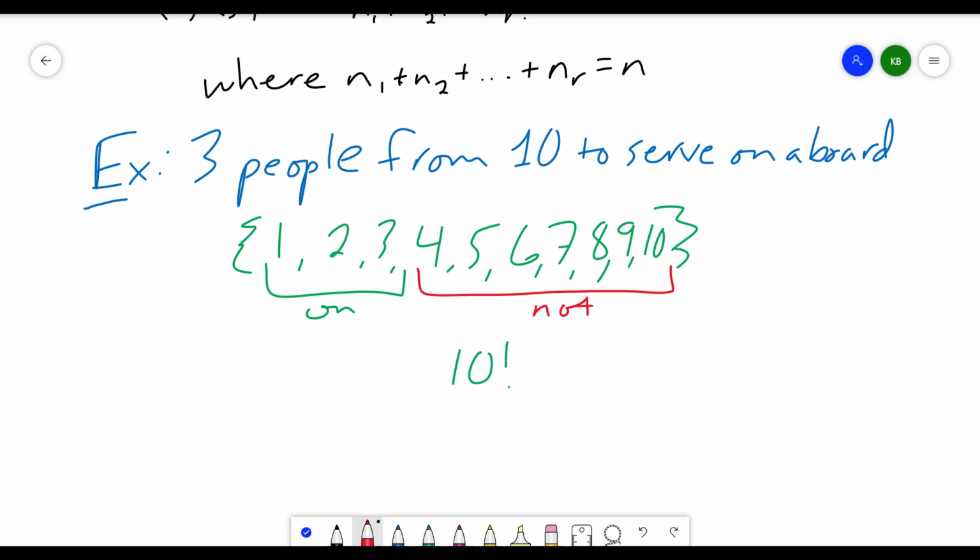So I can take my 10 factorial and divide it by the 3 people that are on, being any order that they want to be in, and then the 7 people who are not, all of the orders that they could be in. And when I divide that out, then what I've done is I've chosen my board, I've chosen 3 people from a group of 10 where order doesn't matter at all. And when I do that work, I get 120 possible ways to choose 3 people from my group of 10 to serve on the board.